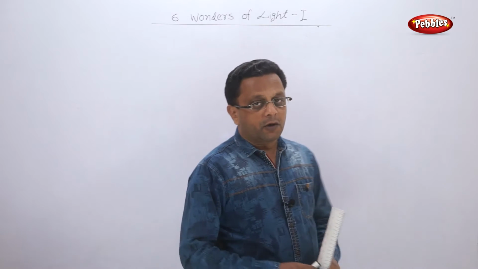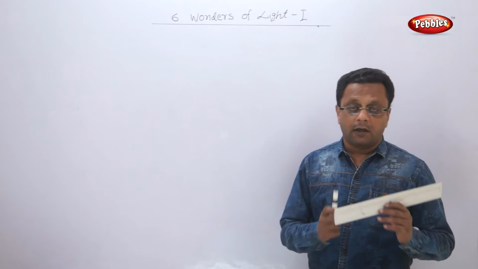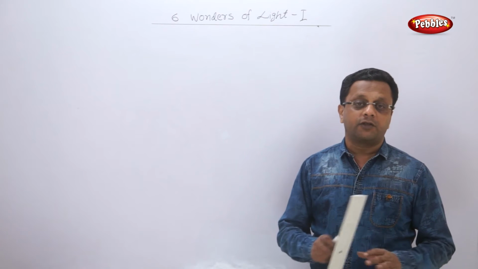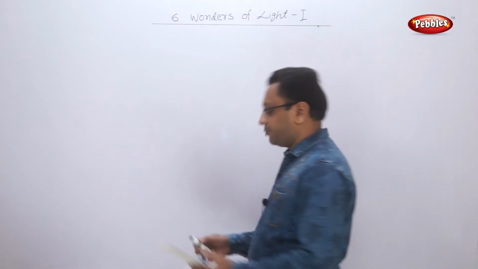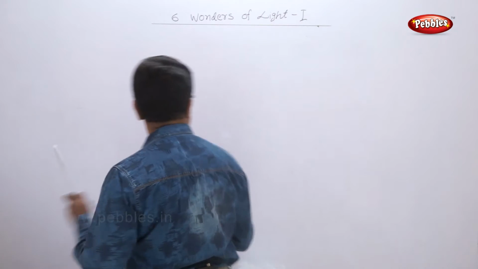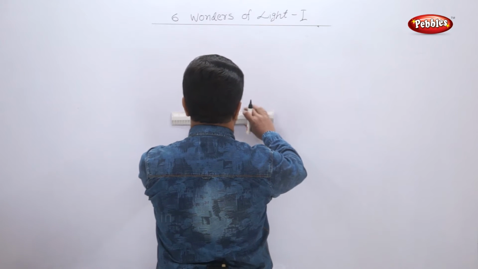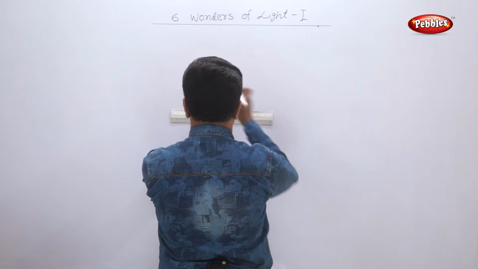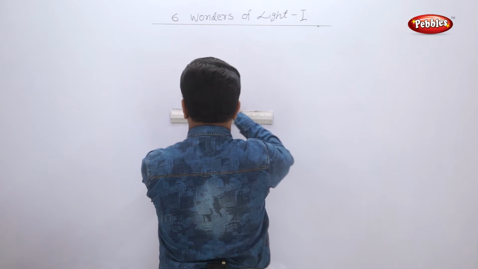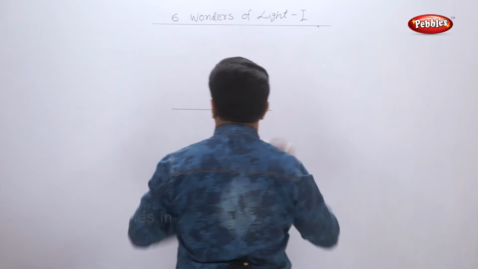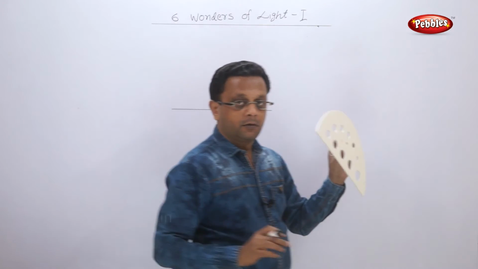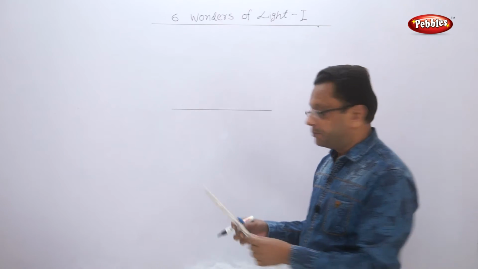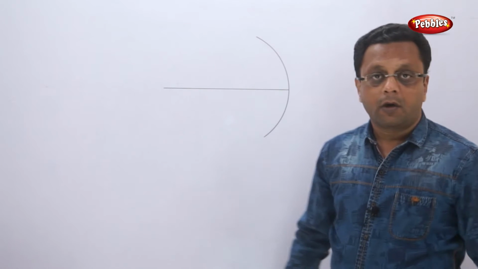So in case of concave mirror figures, let us learn how to draw this figure first. First of all, draw a straight line. Then use your protractor and draw a concave mirror.